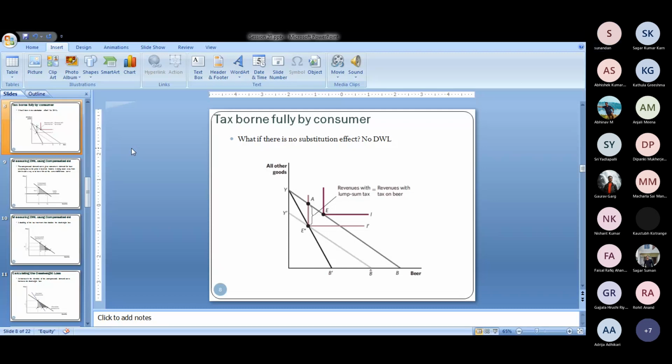In that case, a lump sum tax and the tax on beer would have given the same tax revenue, and hence there is no deadweight loss. Look, if I keep on consuming at the same proportion, I'm not substituting beer with other goods, because there is no substitution effect. So it is the substitution effect which actually captures the degree of your deadweight loss.